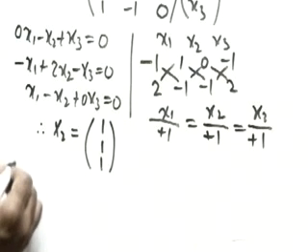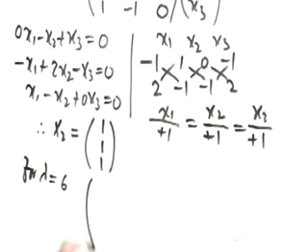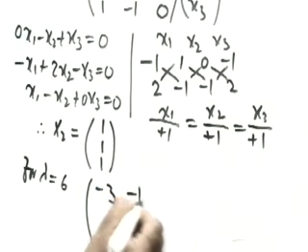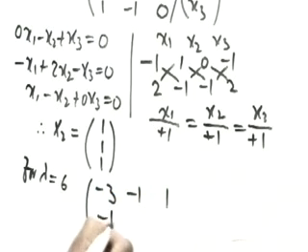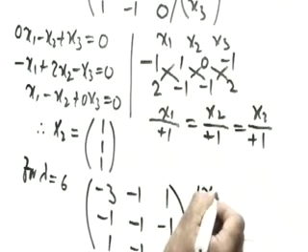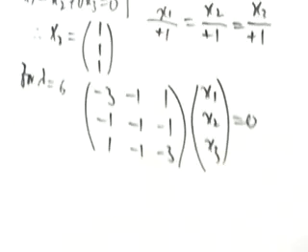Now case 3, the third vector, for lambda equals 6. If we keep 6, 3 minus 6 will be minus 3, minus 1, 1; minus 1, 5 minus 6 will be minus 1, minus 1; 1, minus 1, 3 minus 6 will be minus 3, into x1, x2, x3 equals 0.